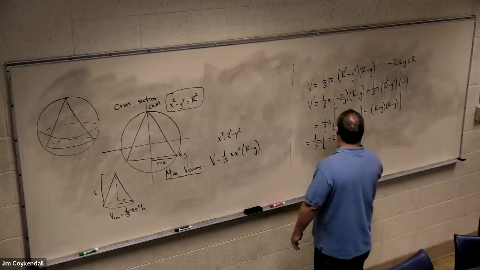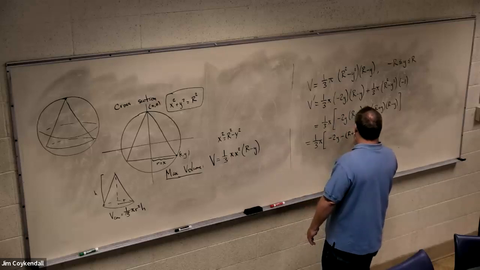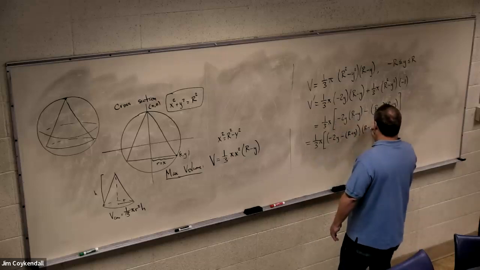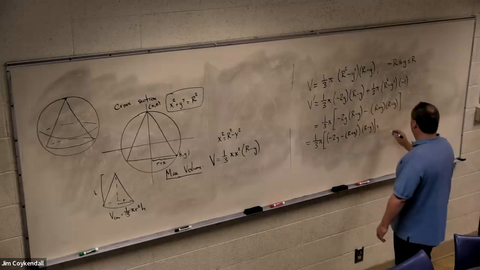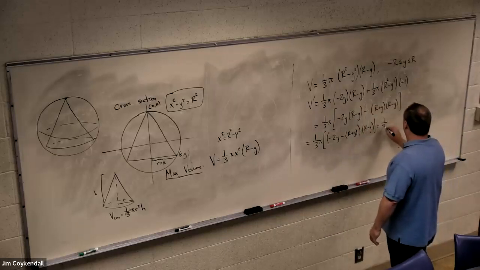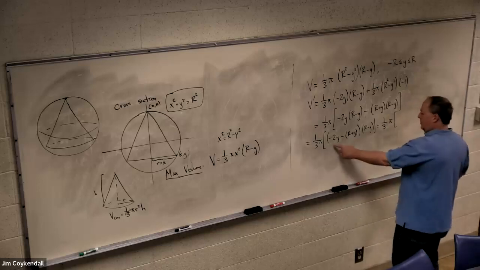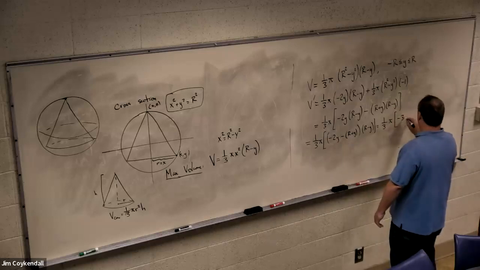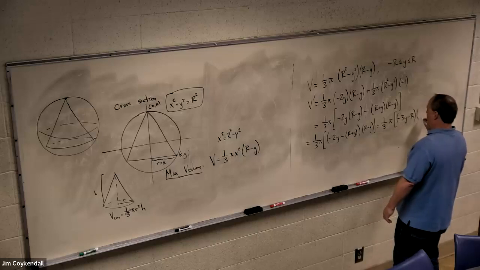This is minus 2y times R minus y, minus R squared minus y squared, which in the final bit is going to be minus 3y minus R, times R minus y.